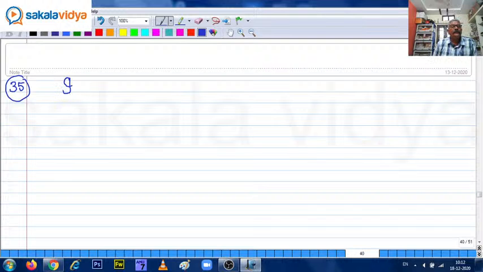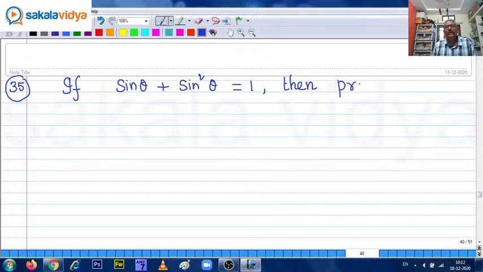If sin theta plus sin square theta equals 1, then prove that cos square theta plus cos theta power 4 equals 1.